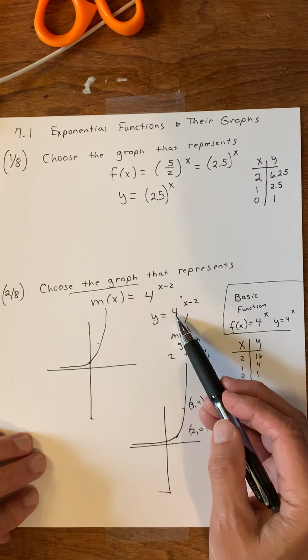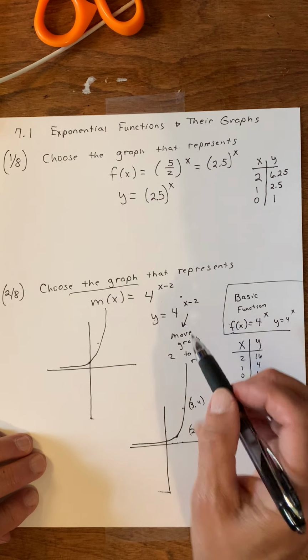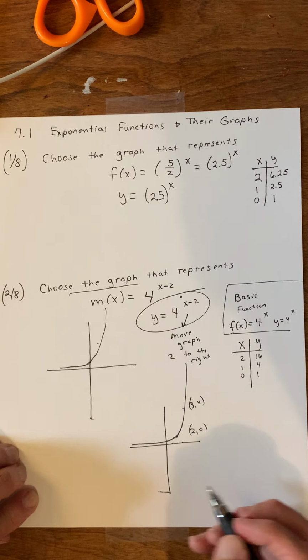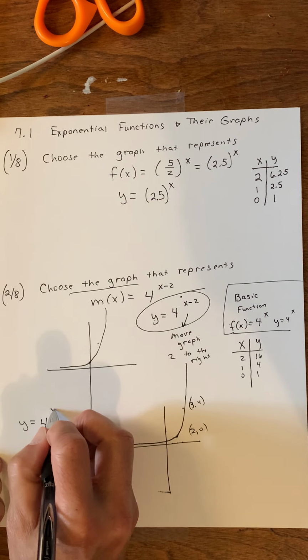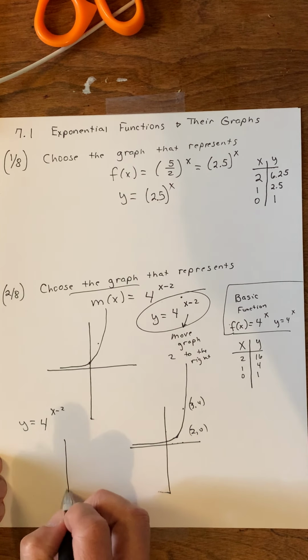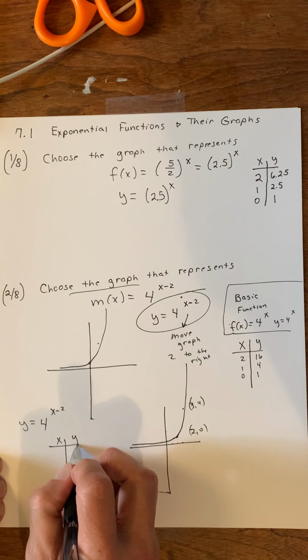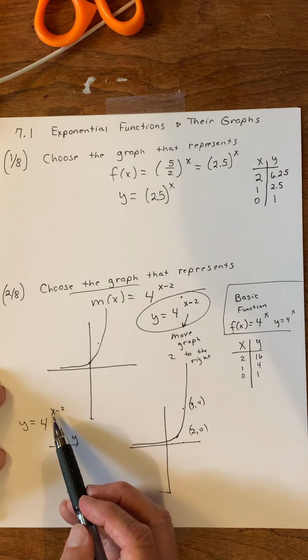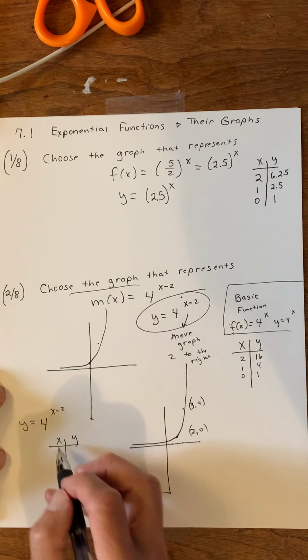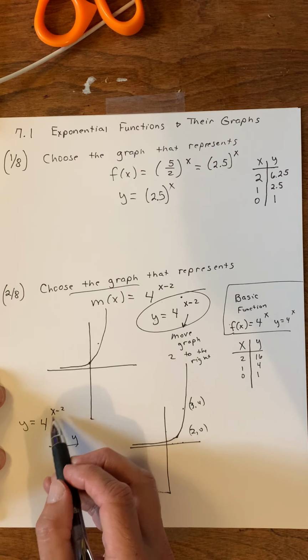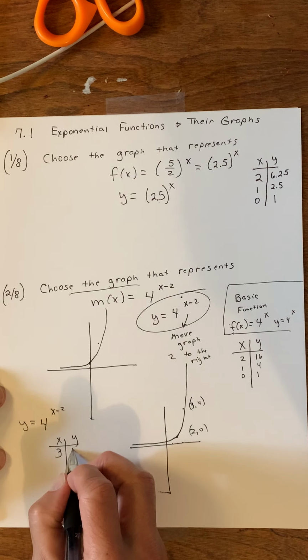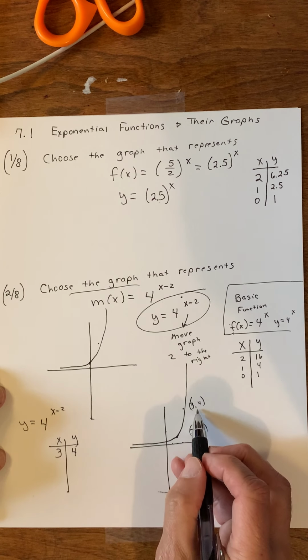And what you can always do if you wanted to find some points is substitute some points right here. y equals 4 to the x minus 2. Pick some x's and some y's. Let's pick 3. 3 minus 2 is 1. 4 to the first power is just 4. Hey, there's that point, (3, 4).